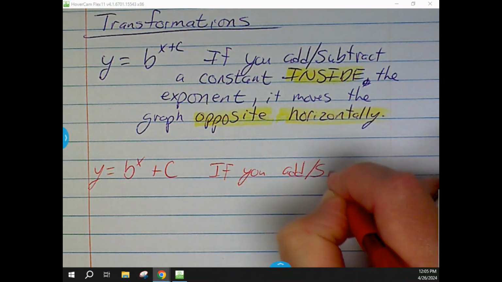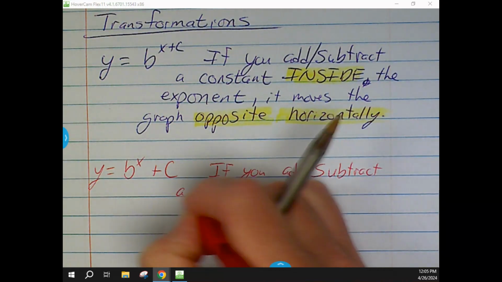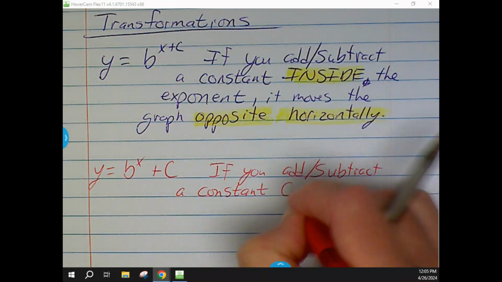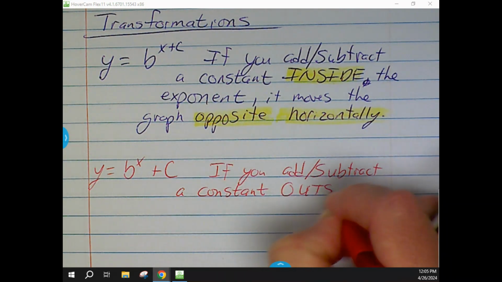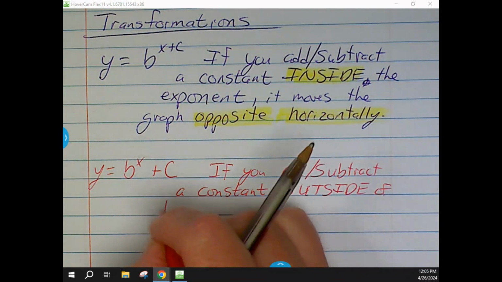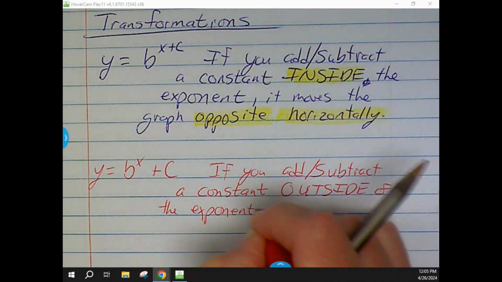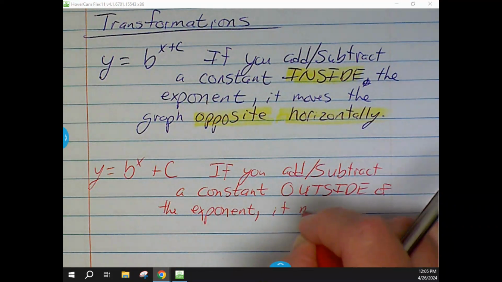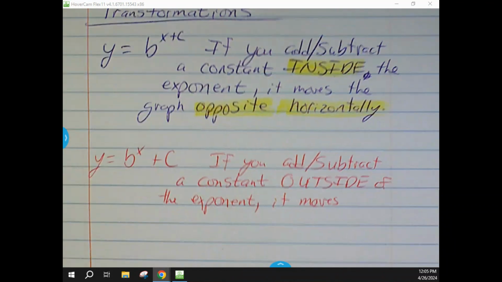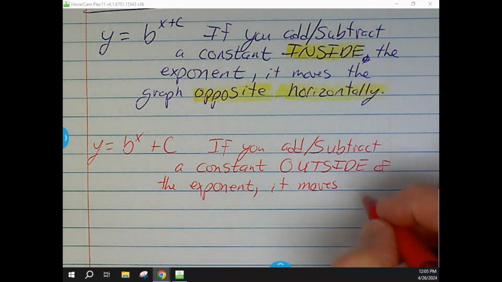So if you add or subtract a constant on the outside of the exponent, inside is going to go horizontal in the opposite direction. Anything on the outside is going to move it in the vertical direction.